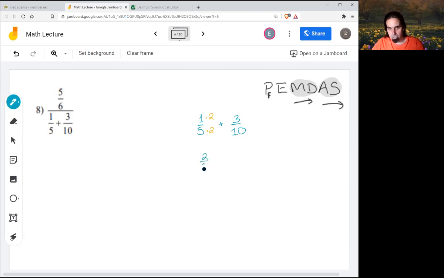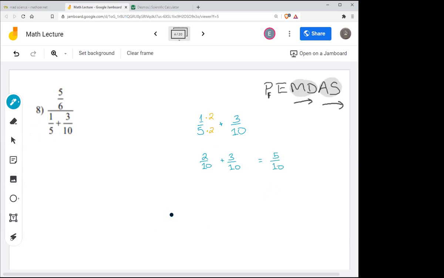So 2/10 plus 3/10 is going to be 5/10. So then I got 5/6 divided by 5/10. And then to do that, you would switch the second fraction. So it would be 5/6 times 10/5.